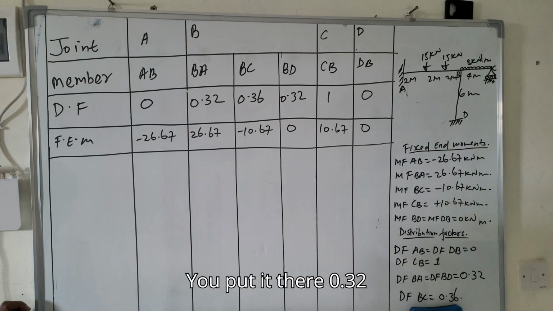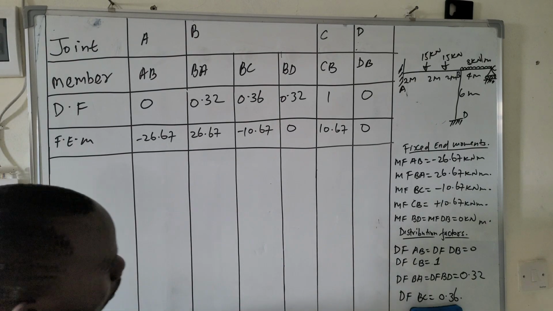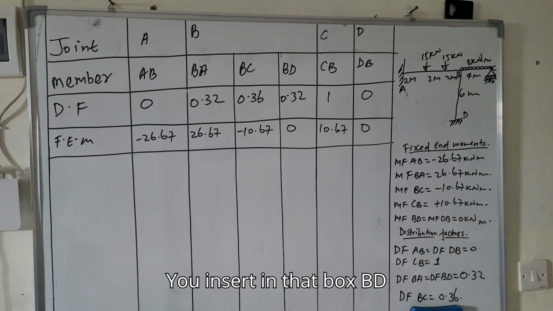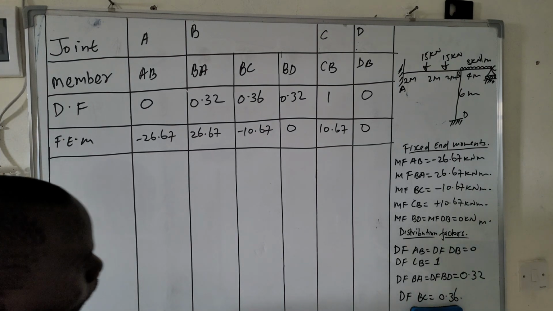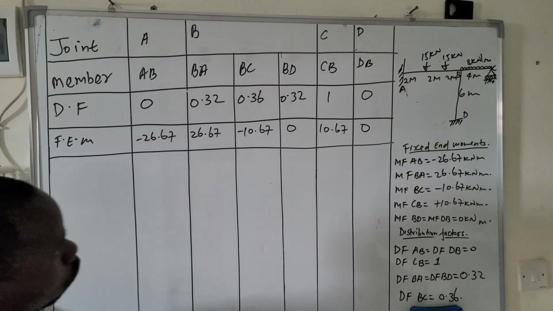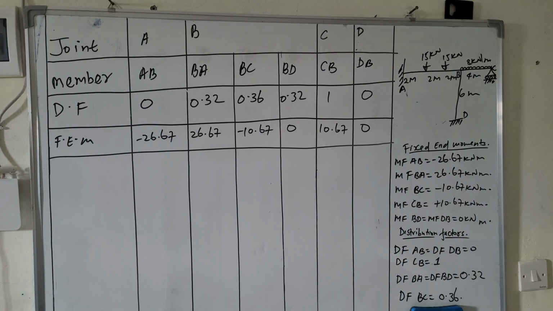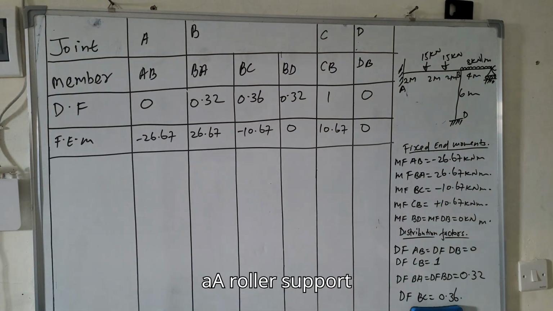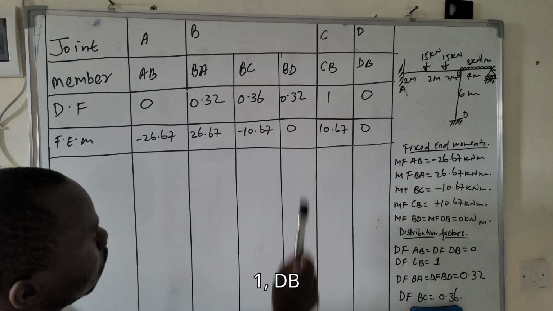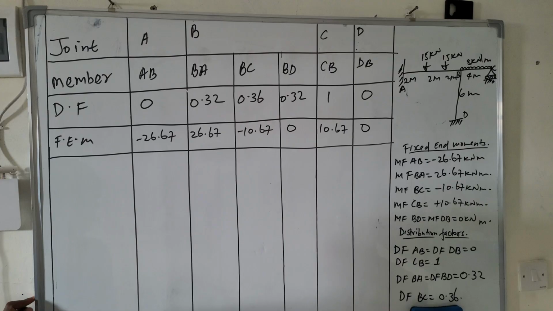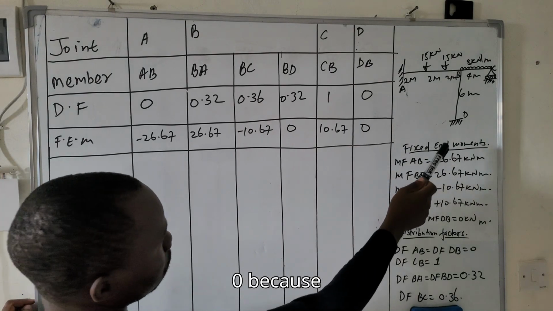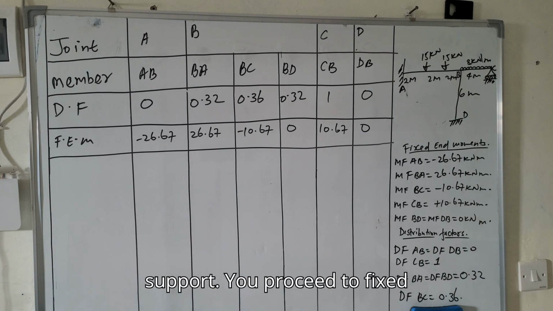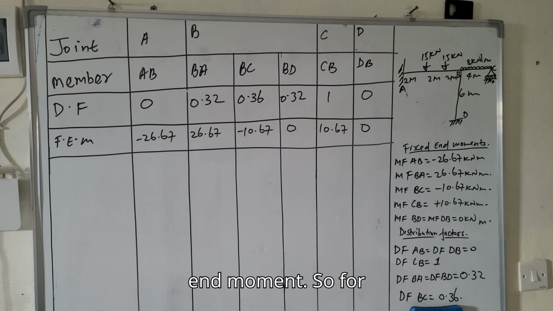BC, 0.36. BD, 0.32. CB is 1 because it is a roller support. DB is 0 because it is a fixed end support.